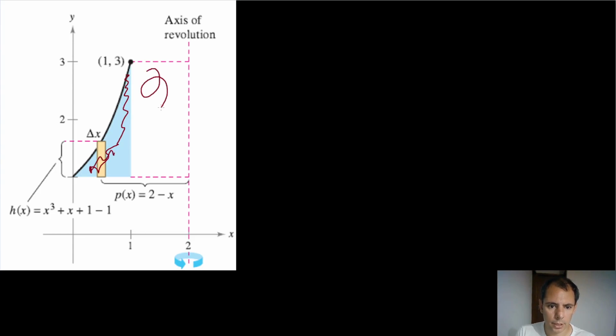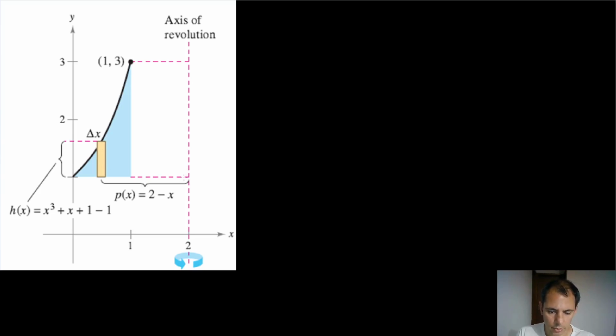You see that this is going to be a hole, this is going to be empty, and this is going to be empty too. The only thing that's going to be part of the solid is this stuff in here. So let's think about this bar.